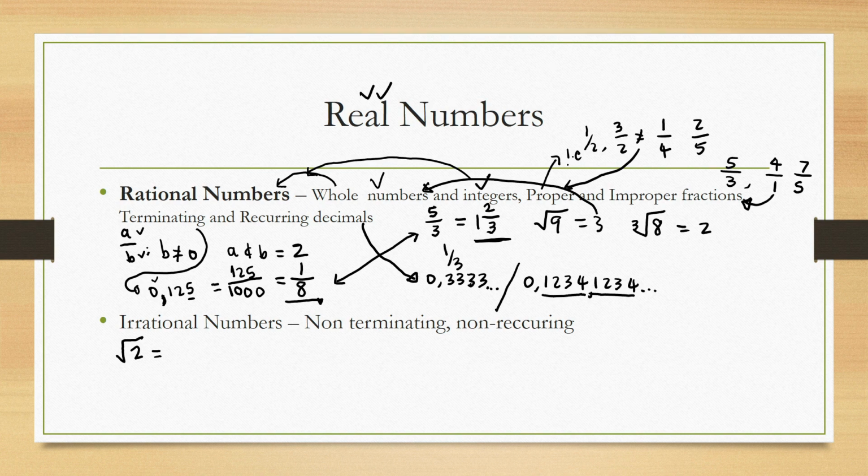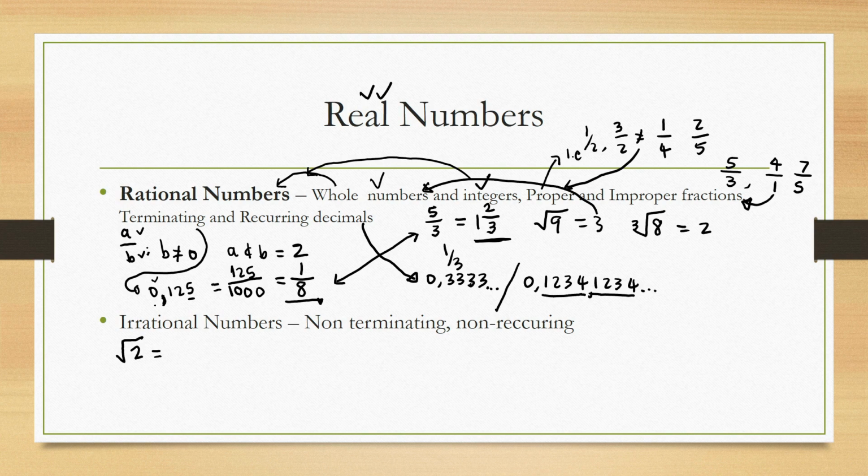It is a decimal that is non-recurring. Therefore, the square root of 2 is irrational because it's a non-recurring decimal. There's no pattern after your comma. That's your first group of numbers that falls under irrational numbers.